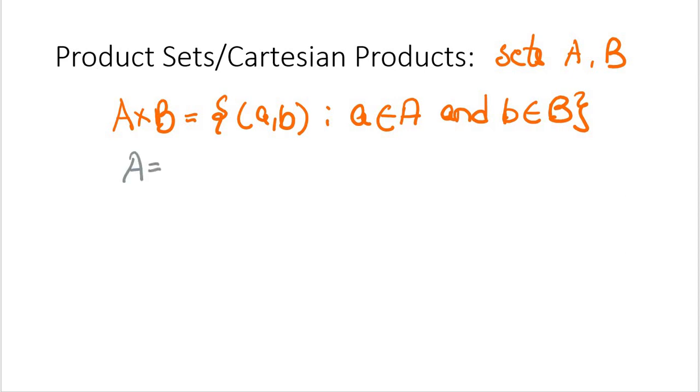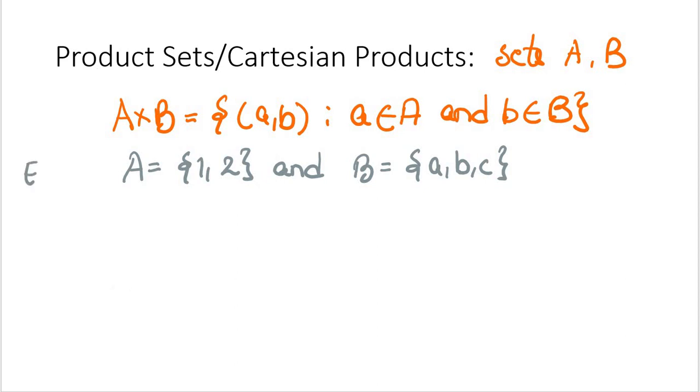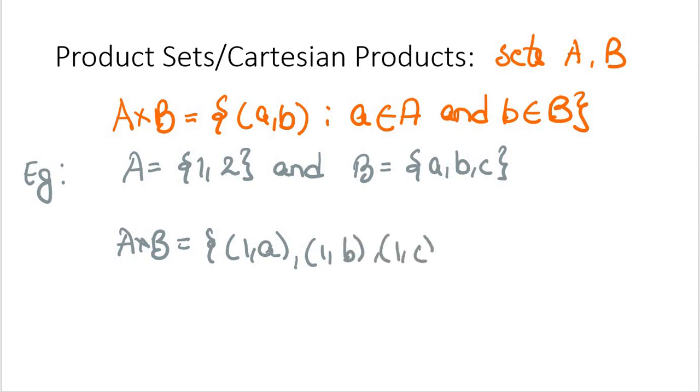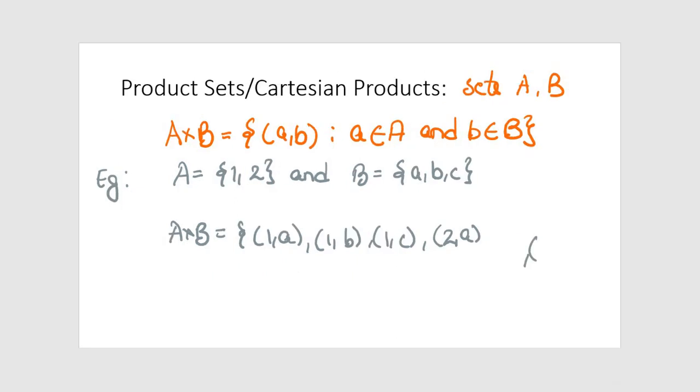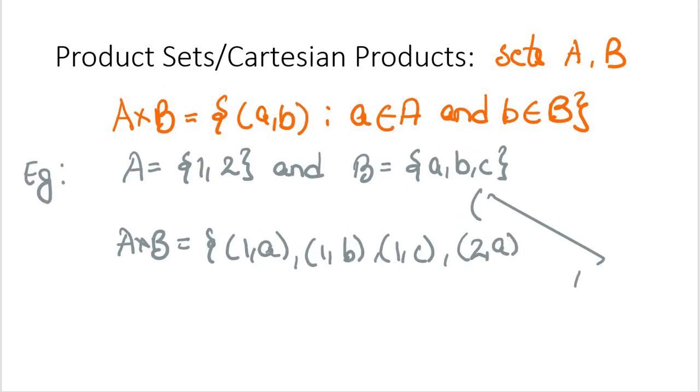If suppose A is equal to {1, 2} and B is equal to {a, b, c}, in that case my A cross B will be equal to (1, a), (1, b), (1, c), similarly (2, a), (2, b) and (2, c).